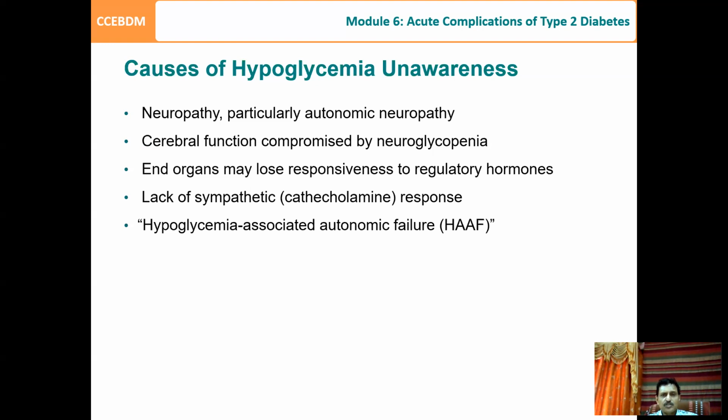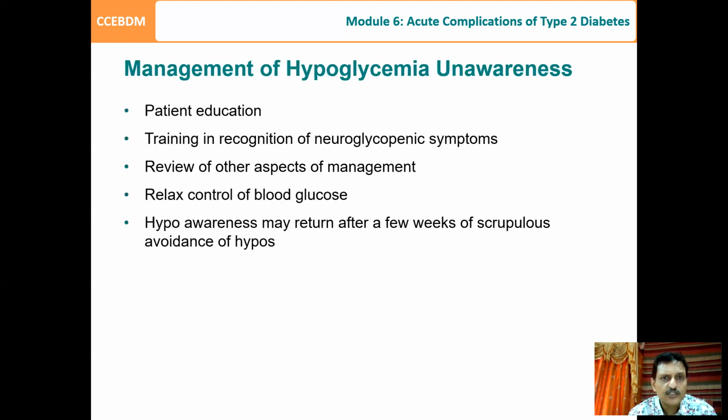It means that the patient has an autonomic neuropathy associated with autonomic failure to recognize hypoglycemia. We call it hypoglycemia unawareness. As I've told you, this is often dangerous because the patient can land up with neuroglycopenic symptoms directly into unconsciousness, seizure, or coma.